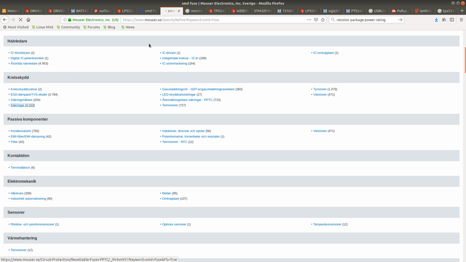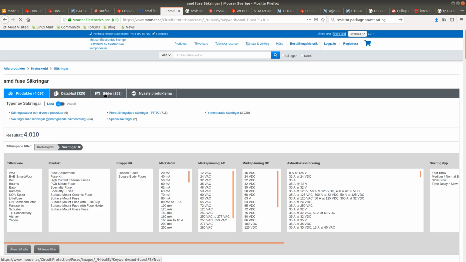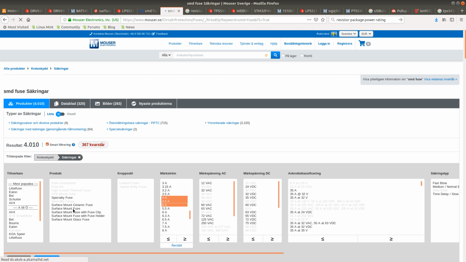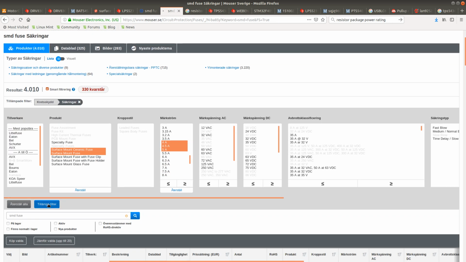Fuses. Let's pick something between 4 amps and 5 amps. Surface mount fuse, without fuse clip, without fuse holder. Yeah. And not a glass fuse.